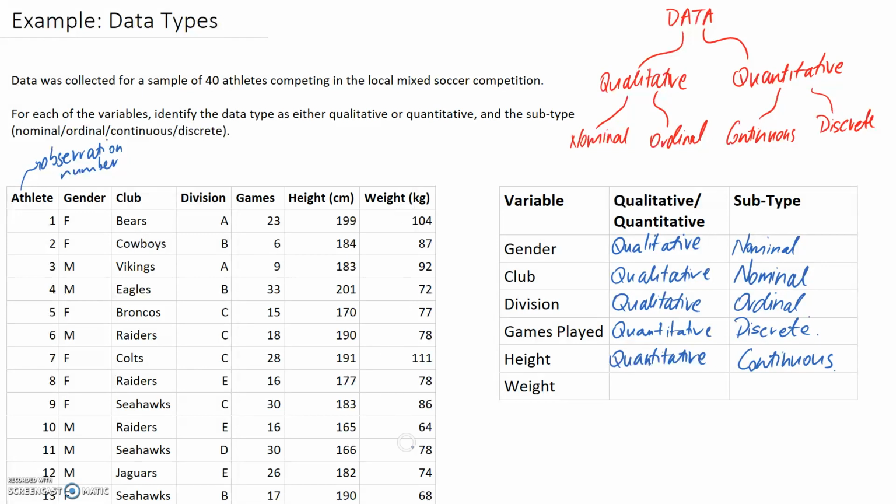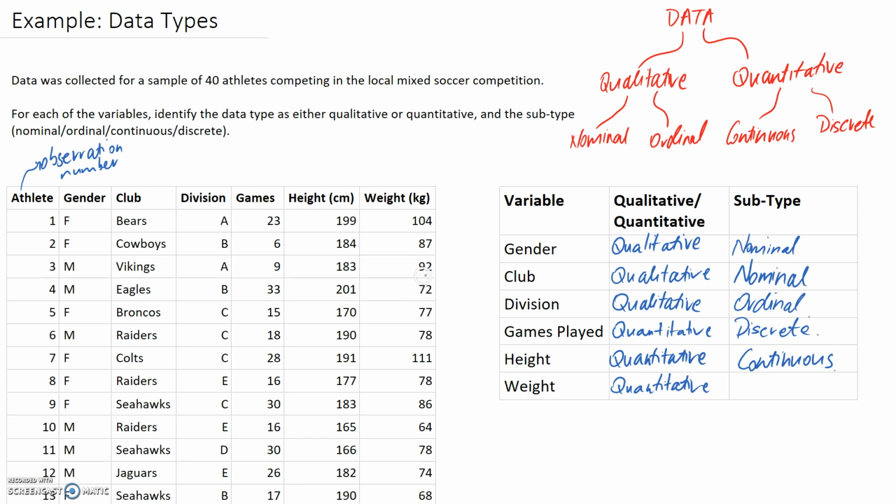All right, the last one is the weight, and this one's very similar to height. Again, I would say it's going to be quantitative because it is measured numerically. And then with regard to whether it's continuous or discrete, I would argue that it's going to be continuous. Again, someone's weight can have an infinite number of values. We can have 87.654.